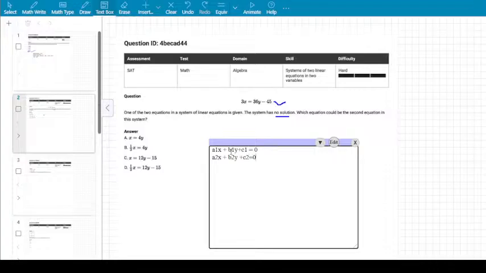Here x and y are the variables, and the coefficients are a1, b1, c1 and a2, b2, c2. So this is the general format of a system of two linear equations in two variables.